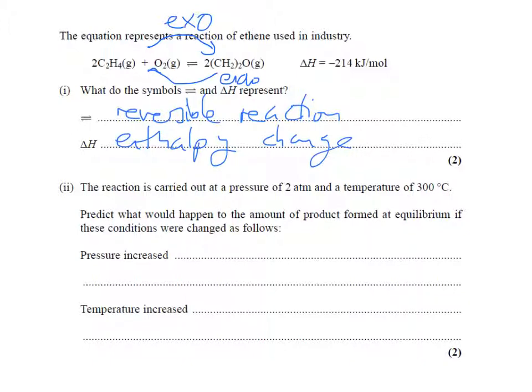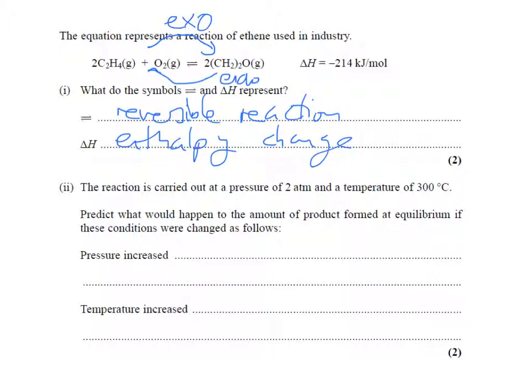So the next question asks us what would happen to the amount of product formed if we change the conditions. So, in a reversible reaction, if we increase the pressure, the equilibrium moves to where there are fewer gaseous molecules. So let's have a look at the equation they've asked us about. Well, on the left-hand side of this equation, we've got 2 ethenes and 1 oxygen, so we've got 3 gaseous molecules.